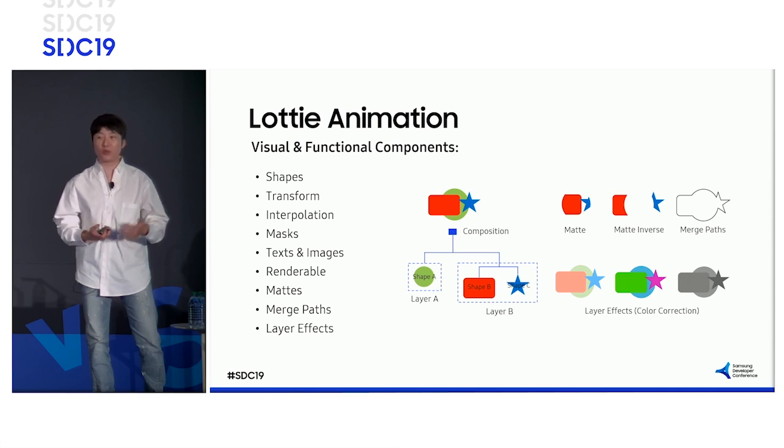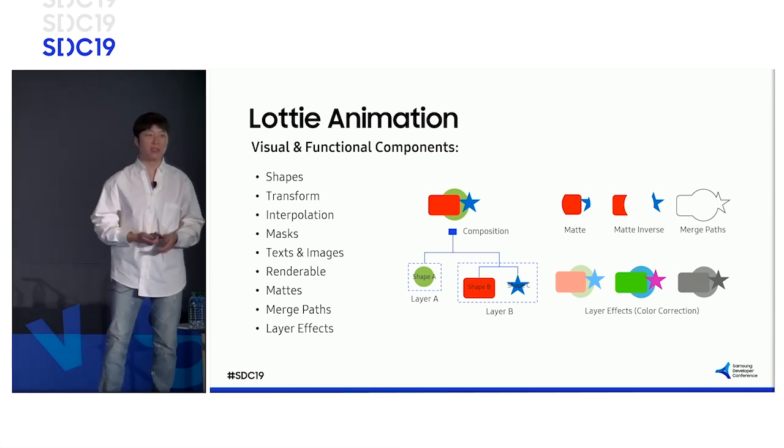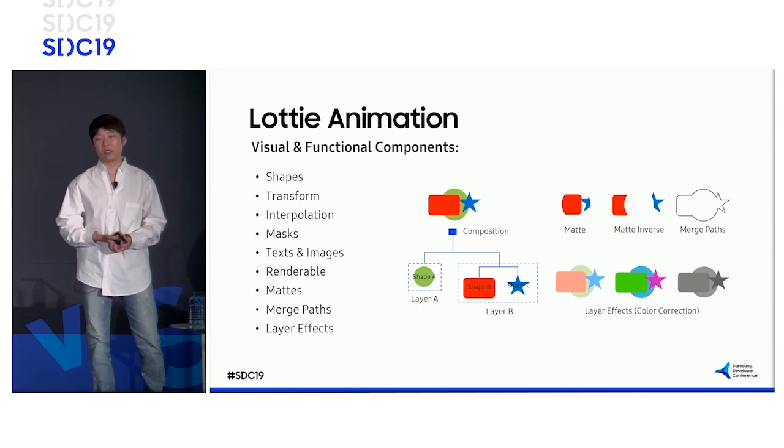That means these two components would be a little bit expensive or very expensive if they are used many times in one Lottie animation. So if you can make the same design without these two components, then I recommend that you design by avoiding these two components for better optimization performance.